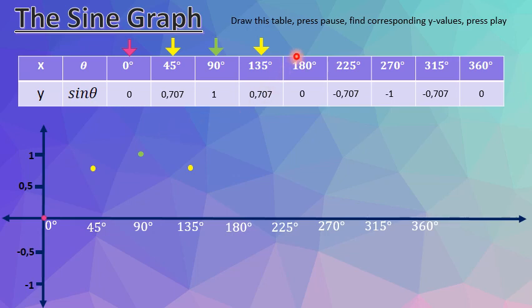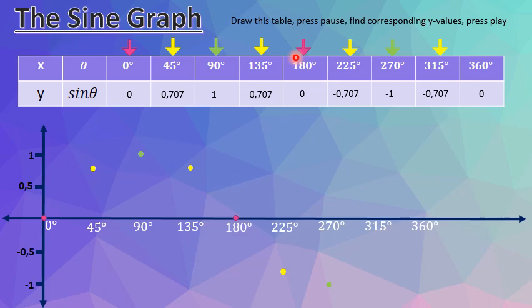Anyway, let's carry on with our plotting. When x is 180 degrees, the corresponding y value is 0, so we plot it. When x is 225 degrees, the corresponding y value is negative 0,707. Now, do you see what's happening? When x is 270, our y is negative 1, another very significant minimum value.